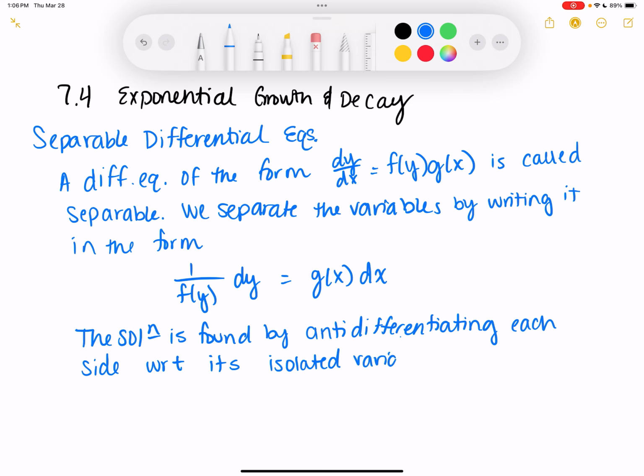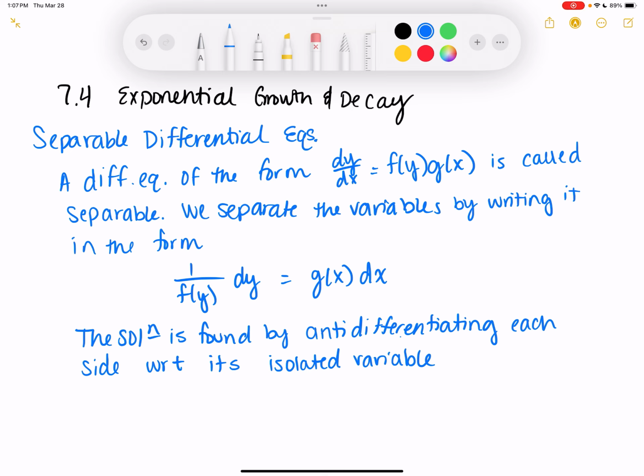For some reason the book says "thusly isolated variable," and I just feel like that sounds weird. That's why I paused, because I was like, thusly? Okay. I'm back into like the King James.